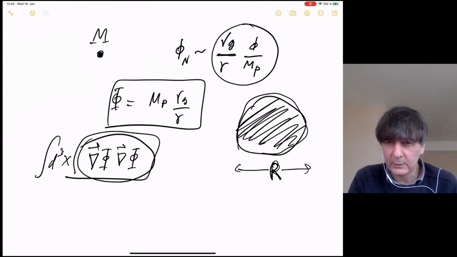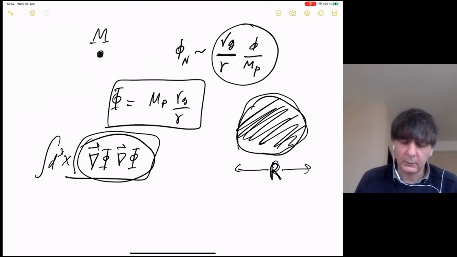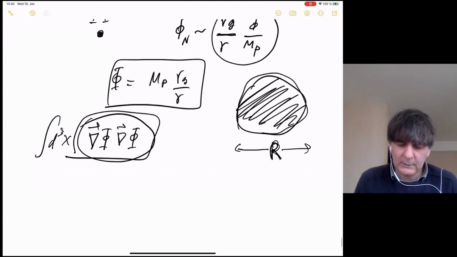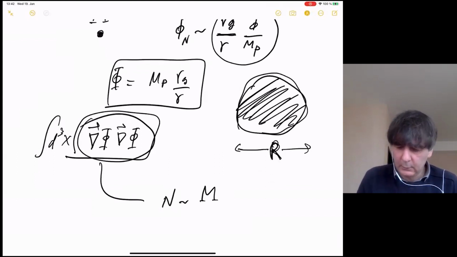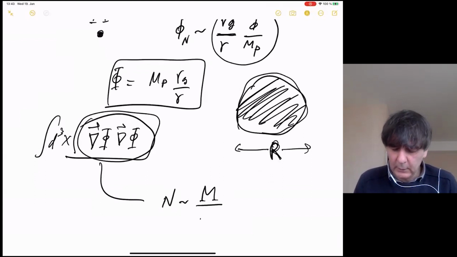translate this into the occupation number of the graviton field, and you will discover it's easy to see that the occupation number roughly goes as the mass of the object divided by M Planck squared.